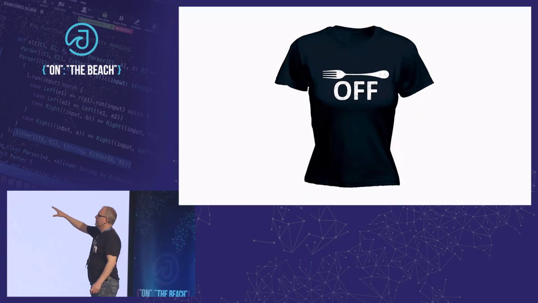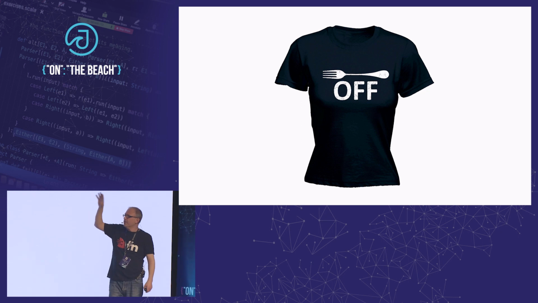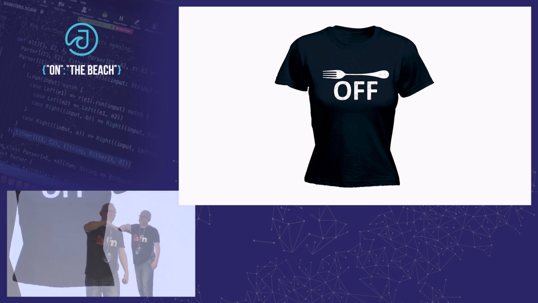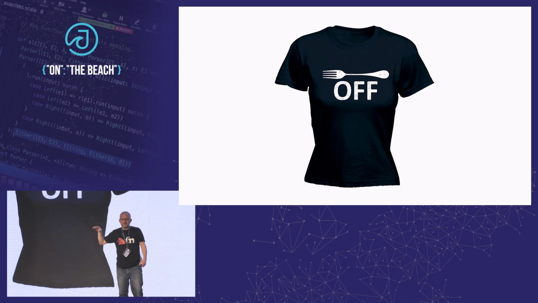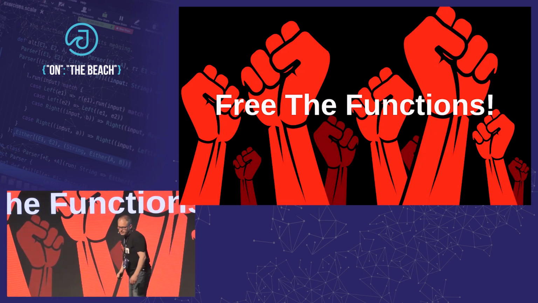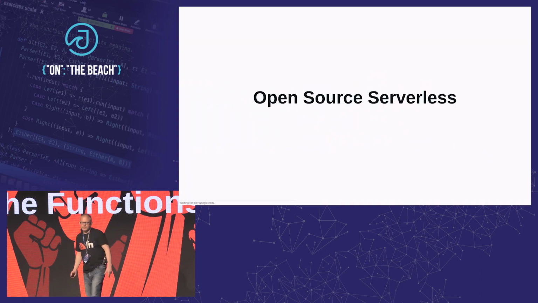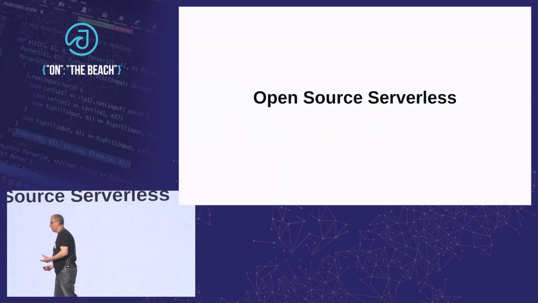And the ultimate freedom that some of them want is the ability, if they decide the platform direction is going in a way they don't like, to fork off and even create their own serverless platform. So what they really want to do is to free the functions. And the way that we're going to free the functions is by moving to open source serverless.